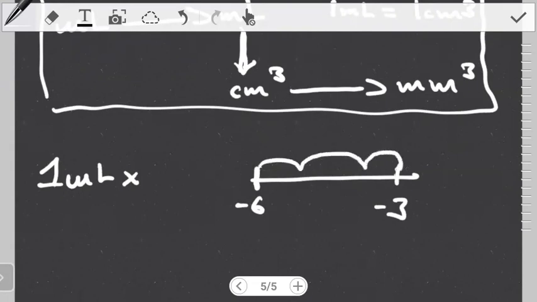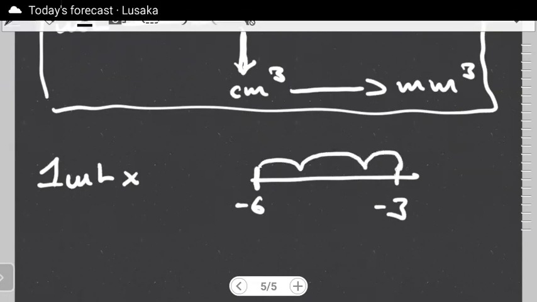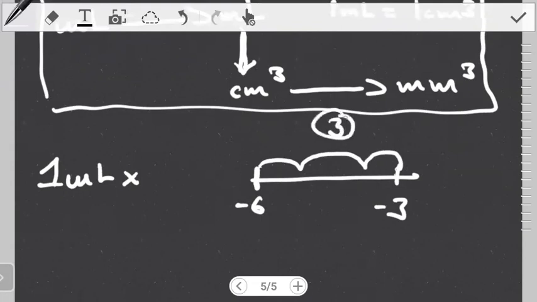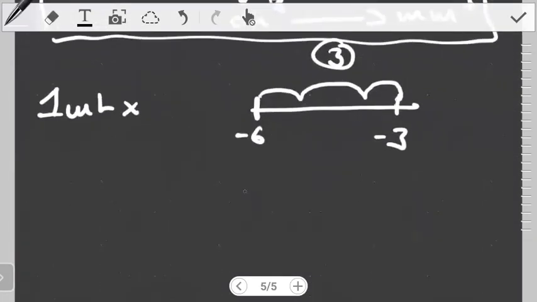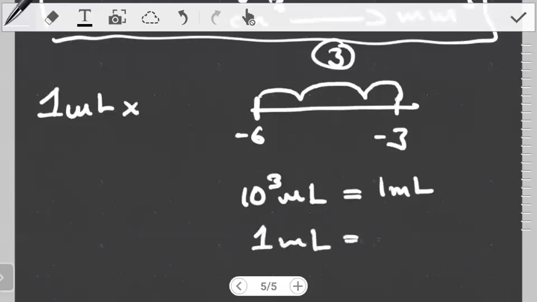So I have to make 3 steps based on their powers. So their power here is going to be of order 3. So in other words, if I have 10 to the power 3 microliters, this is what will make 1 milliliter. Or I can say that 1 milliliter is equivalent to 10 to the power negative 3.